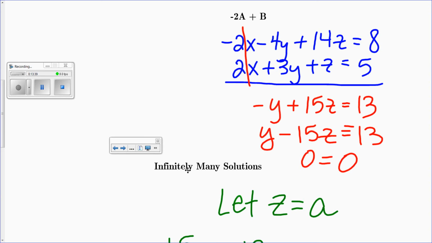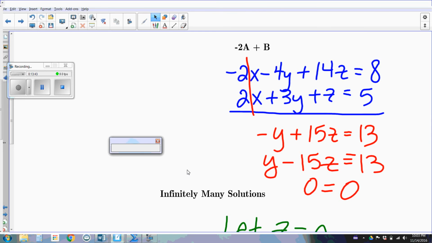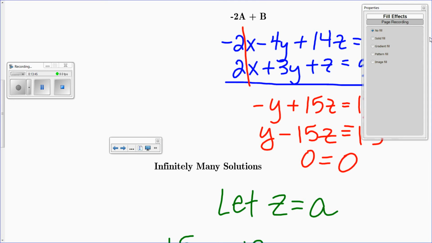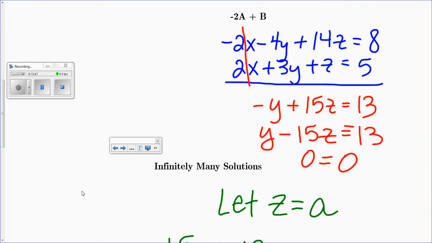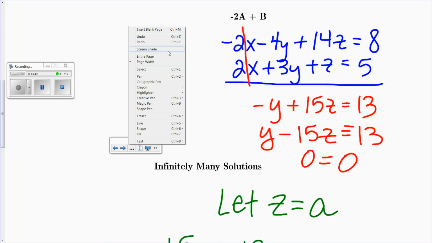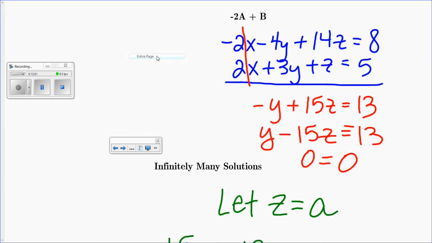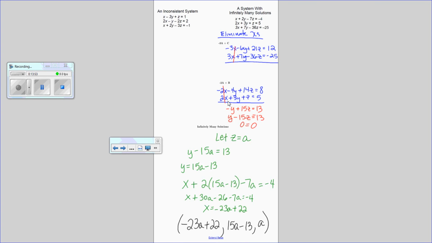Now, just because something has infinitely many solutions doesn't mean that anything can be a solution. So the way we figure out what one solution could be is we pick a variable and we give it a constant.